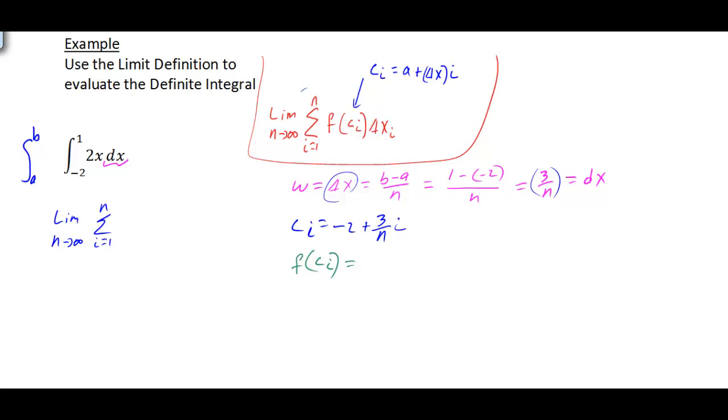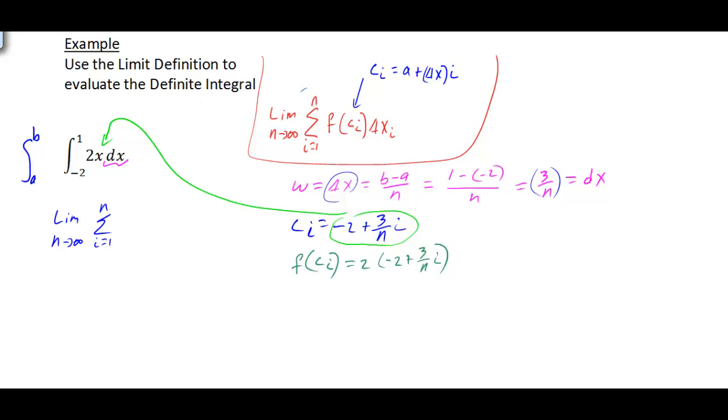So that means we're going to take the -2 plus 3 over n times i, just like we did before, and substitute all of that into our function, the 2x here. So all of that goes in for x, and we will end up with 2 times -2 plus 3 over n times i. Okay, so now we just plug that into our formula.